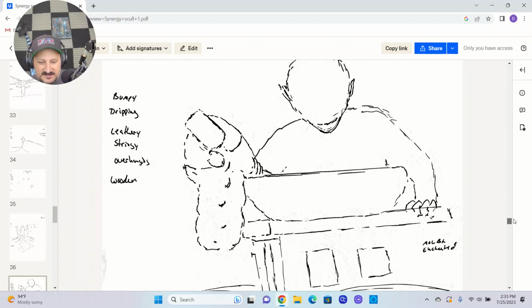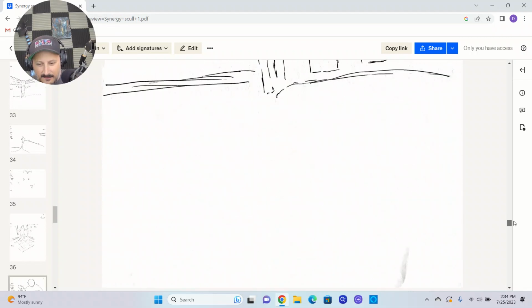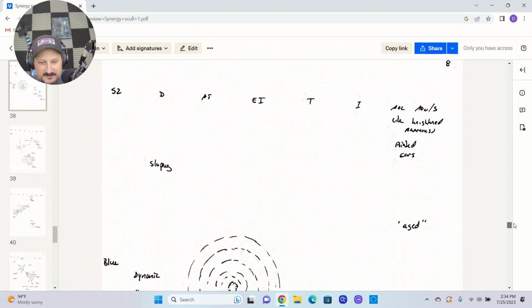I can tell you what this picture says to me. It's almost like it reminds me of like a guy like scrying or something, like looking into a bowl. He's got like something in his hand on the table. Let's get back to the matrix.